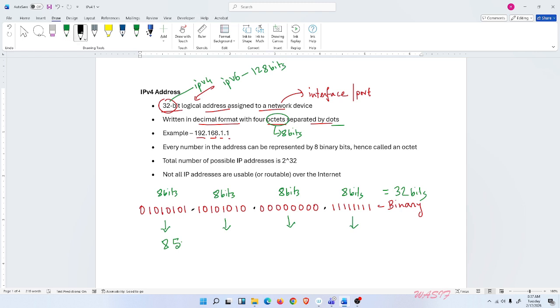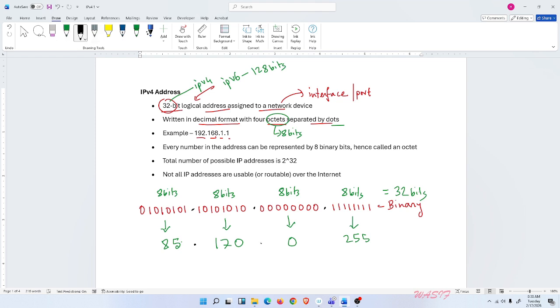Look, we can do this conversion once we do the conversion, we'll have a look at that later. But for the time being, I think it will be 85, and it will be 170, it will be 0, and it will be 255.